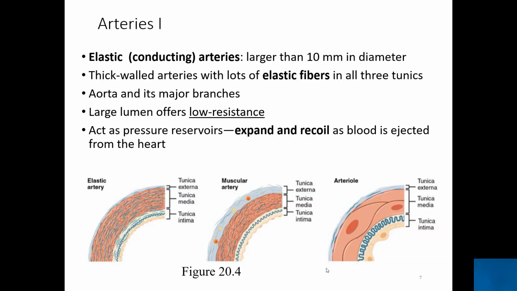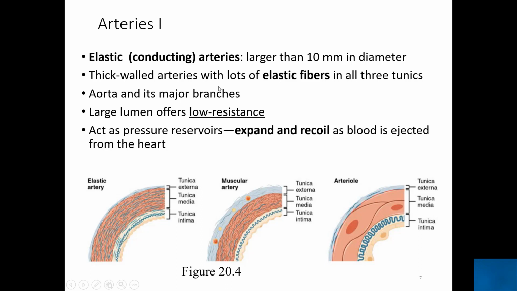There are 3 types of arteries depending on their size. Those large arteries originating from the heart, like aorta, like pulmonary arteries, are larger than 10 millimeters or 1 centimeter. It's approximately half an inch in diameter. And they are called elastic or conducting arteries. They have thick walls with a lot of elastic fibers and thick muscle layers.